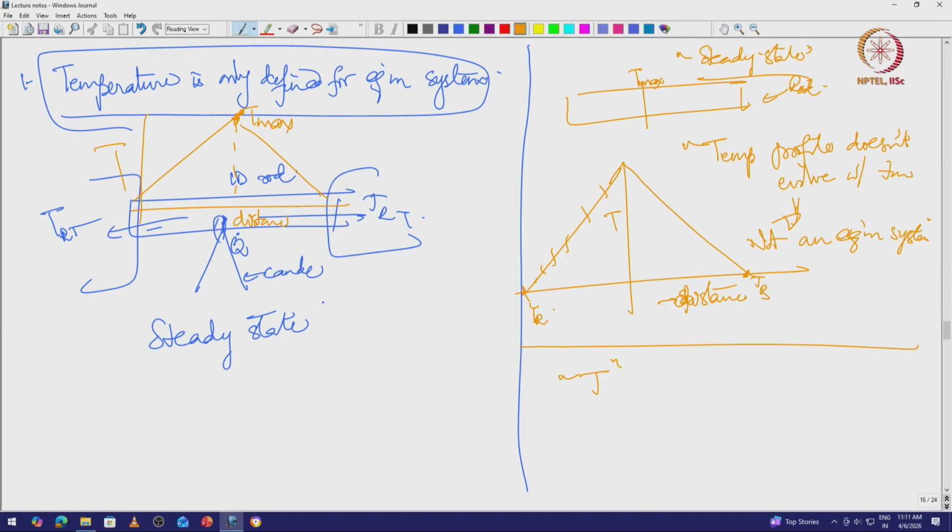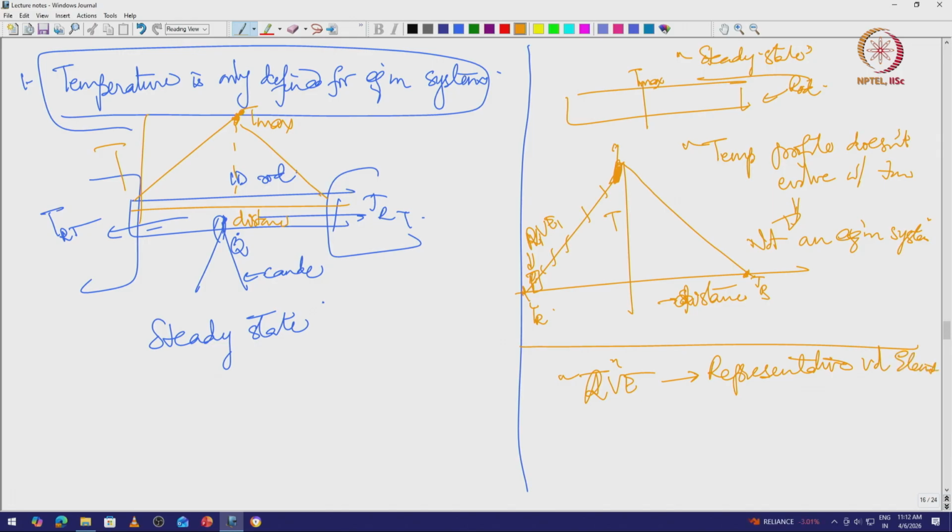So, I take this particular volume, and I change its temperature. Let us call this volume 1 RVE1, RVE for representative volume element, right.